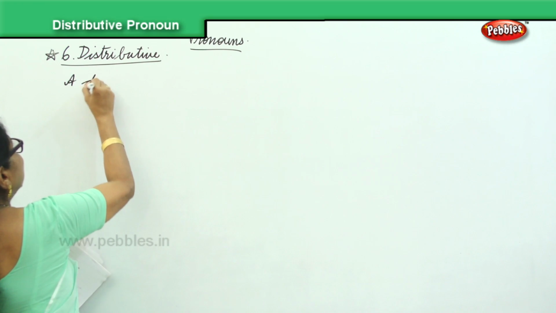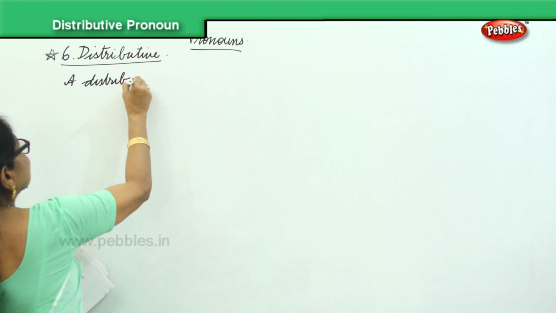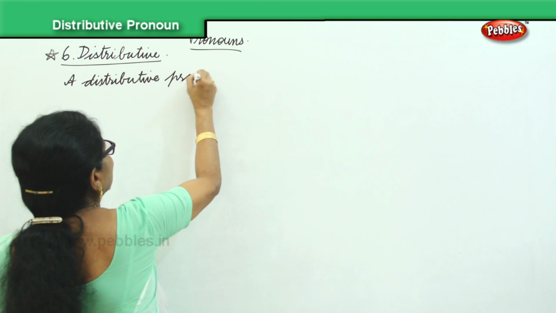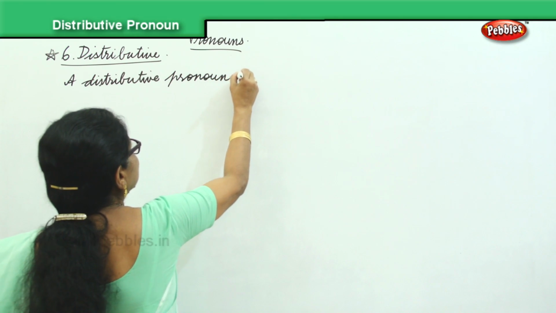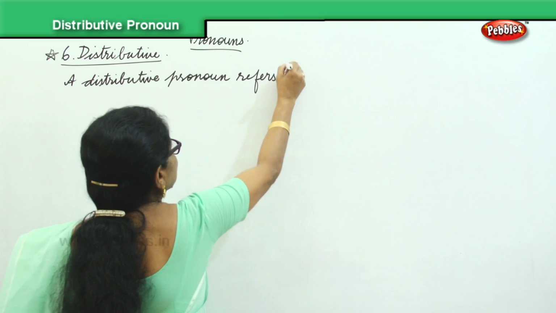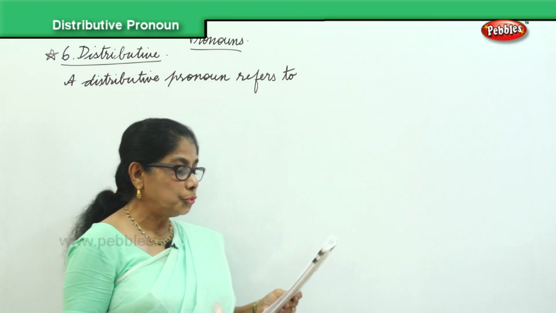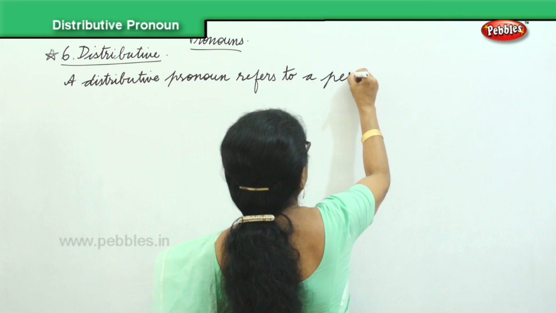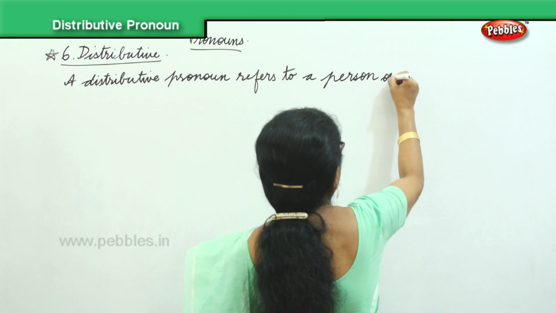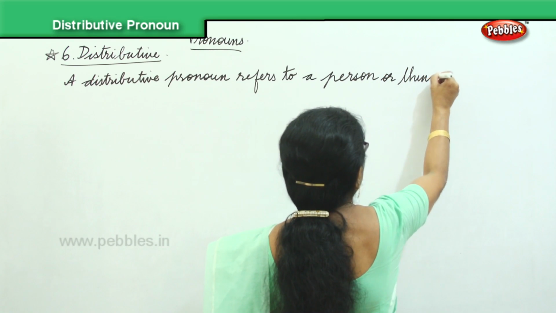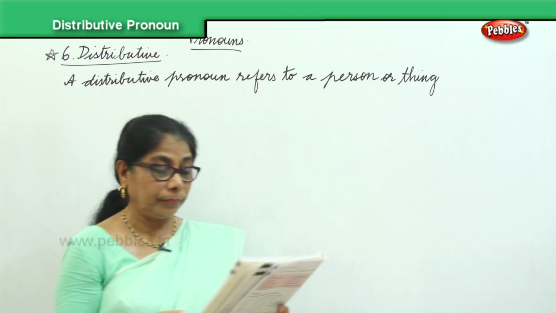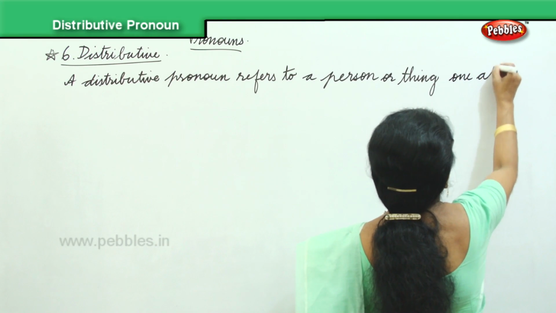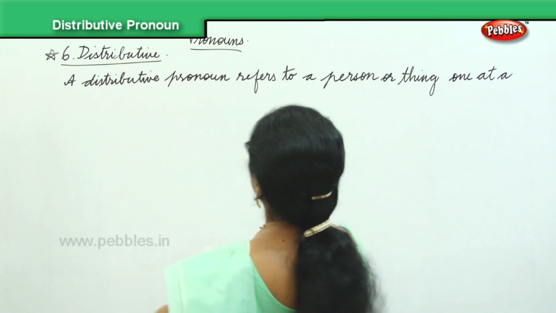A distributive pronoun refers to a person or thing, one at a time.